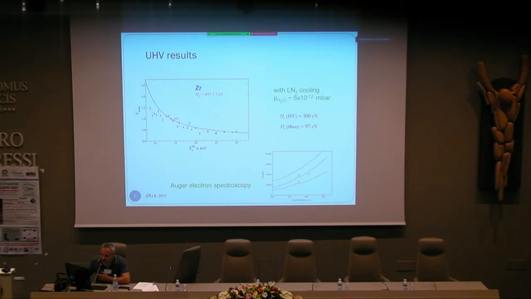And on the graph down below, you can see the target cleaned with argon, and then after several hours some layers of oxygen and carbon build up on the target, and we get much lower reaction rates. So it is very important, to estimate the screening energy, to keep the target as clean as possible.